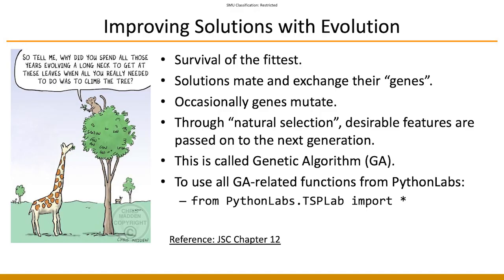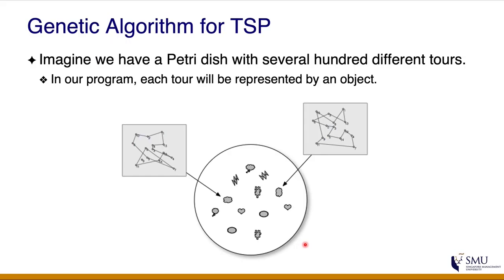Okay, so the concept here is to treat the solutions as if all of them are contained within this petri dish, right? You see that all the solutions are inside. Every tour in our problem is basically one object in this dish, and we hope to initiate the evolution process inside this dish.